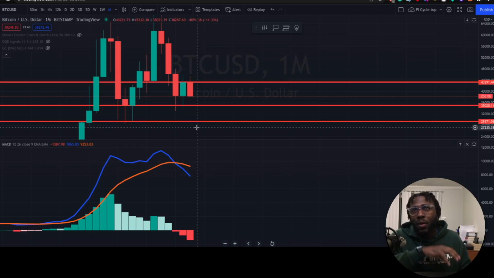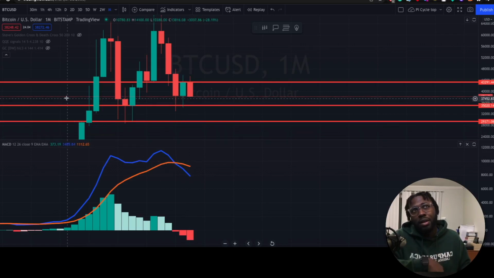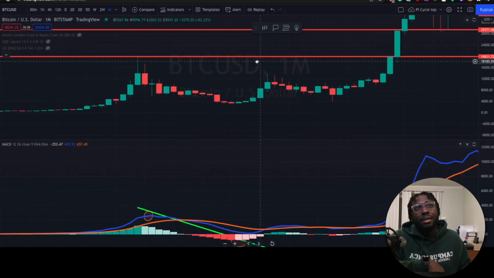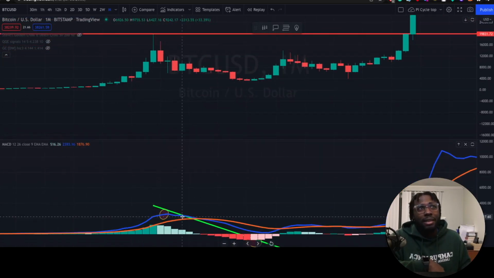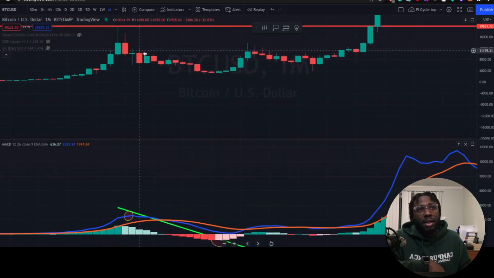You might be asking, why am I saying this is powerful? When we look at the past, the last time we had a cross on the MACD, you see that cross right there? We were in a downward trend for at least 6 to 7 months before we got a reversal.